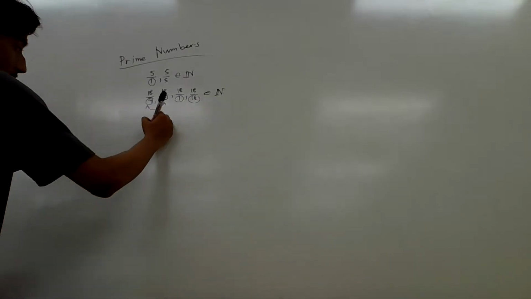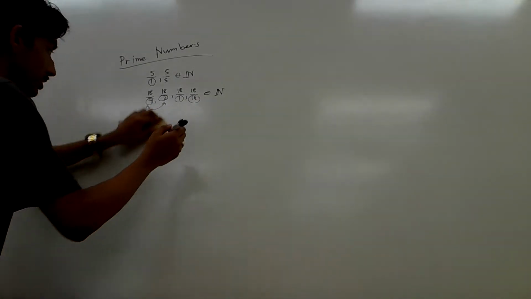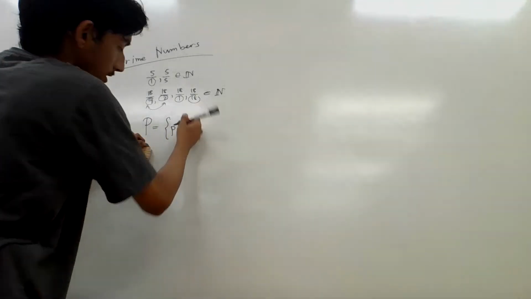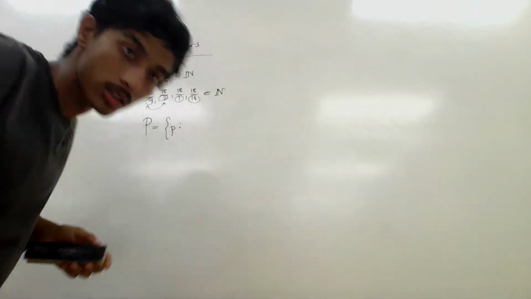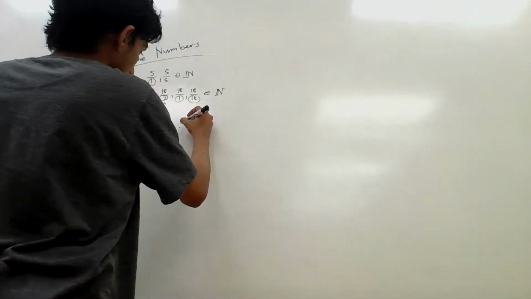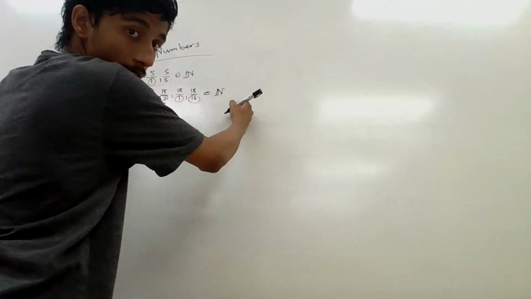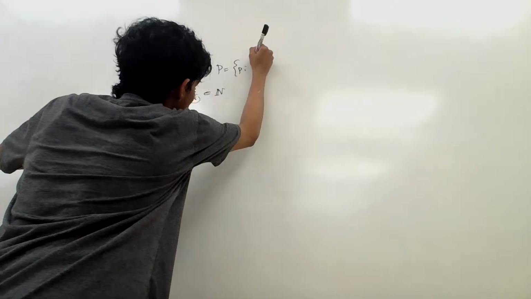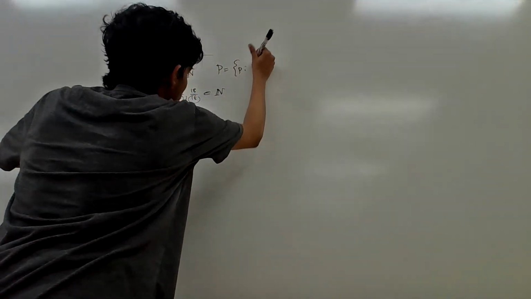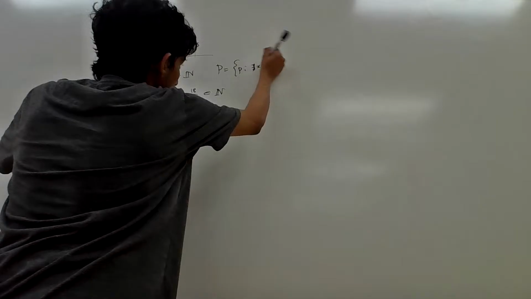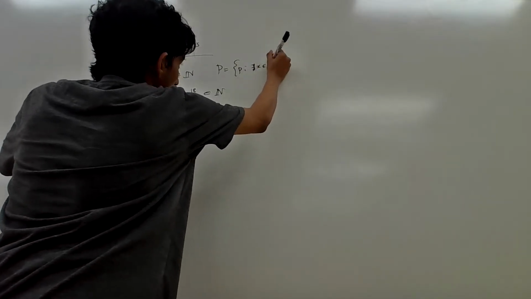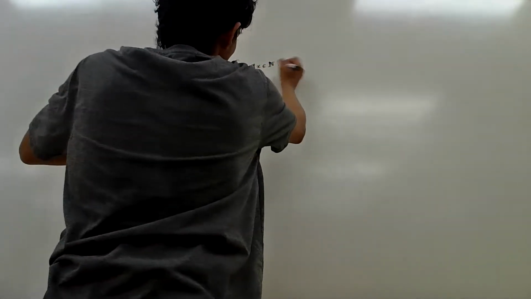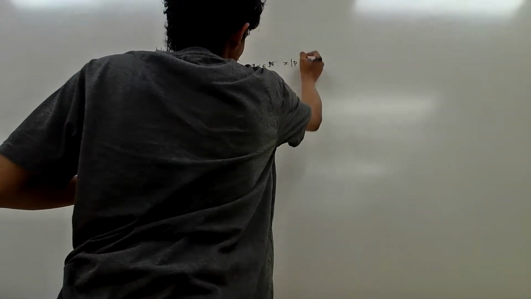So prime numbers are defined as P. You can write this as capital P, the set of elements p such that there does not exist x belonging to the natural numbers such that x divides p.